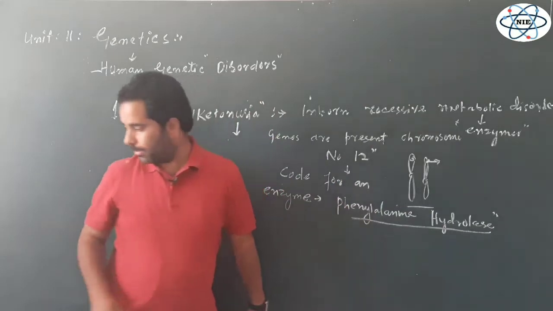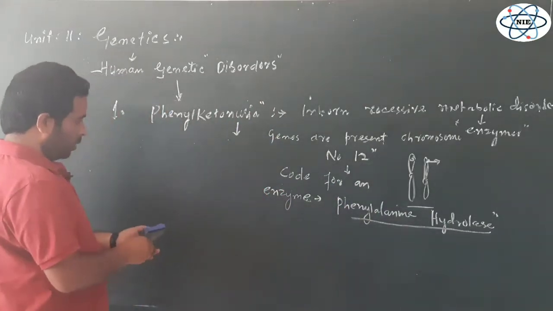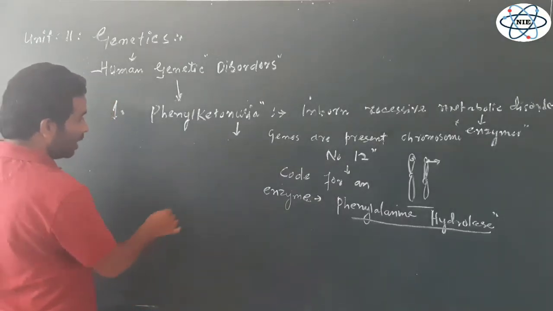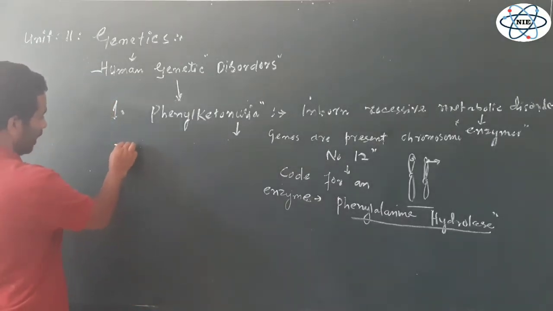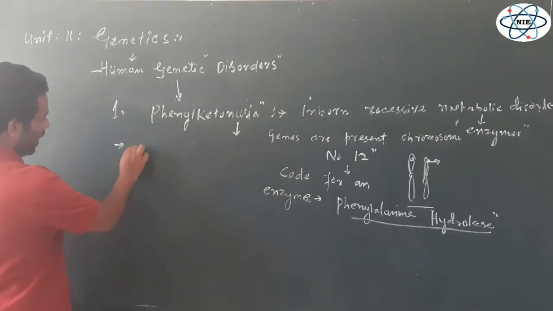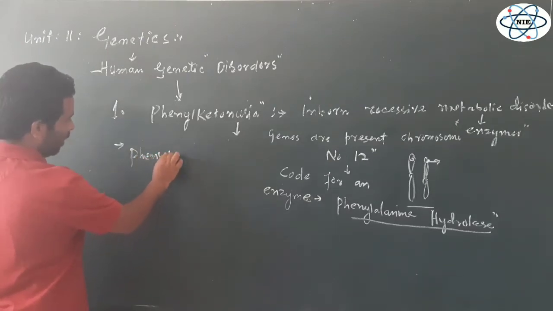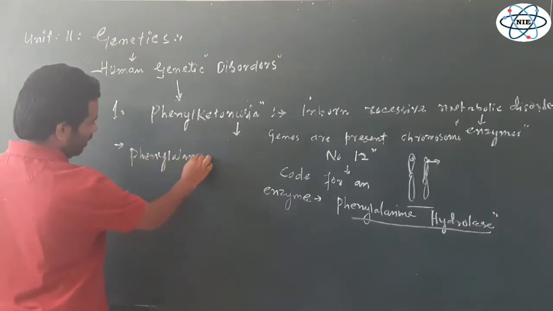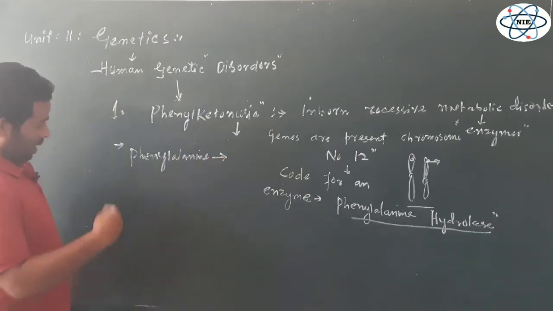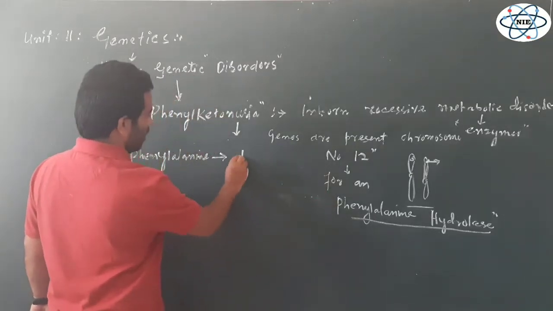How is this enzyme important? Let me show you with the help of reactions. This enzyme, phenylalanine hydroxylase, is responsible for the conversion of phenylalanine into another amino acid, and that amino acid is tyrosine.